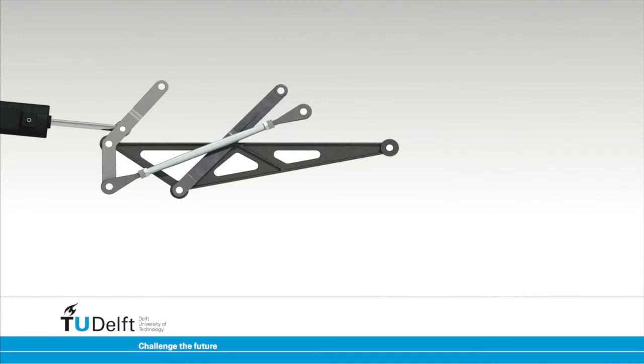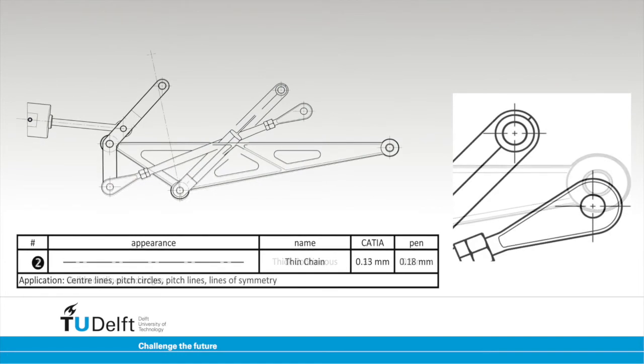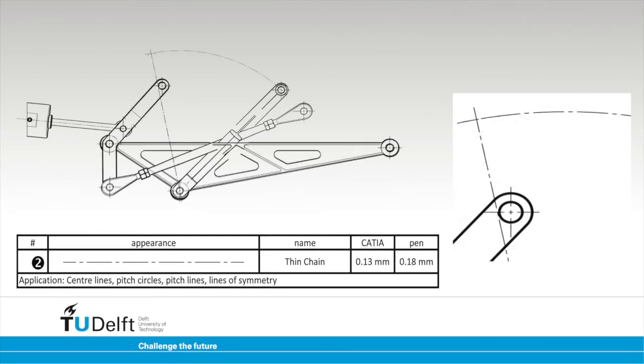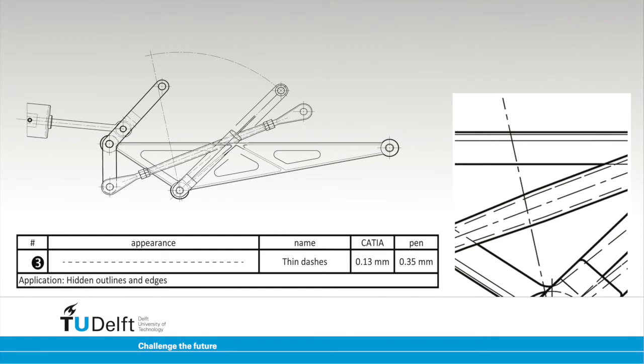A wing flap mechanism front view. Thick continuous lines are used for the visible outlines and edges. The thin chain lines indicate the centres of circles and cylindrical objects. The larger arc represents a pitch circle, also drawn using the thin chain line type. Thin dashed lines are used to show hidden contours.